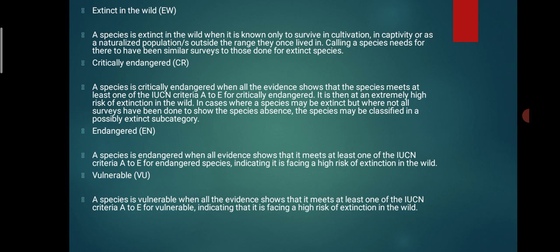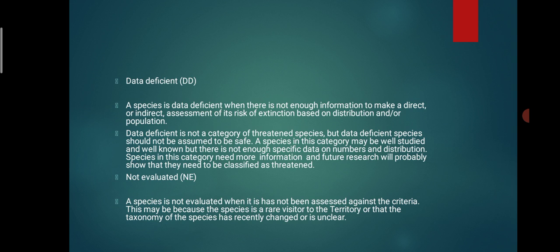Then endangered. A species is endangered when all evidence shows that it meets at least one of the IUCN criteria A to E. The endangered species indicates that it is facing a high risk of extinction in the wild. Then vulnerable, that indicates that it is facing a high risk of extinction in the wild.